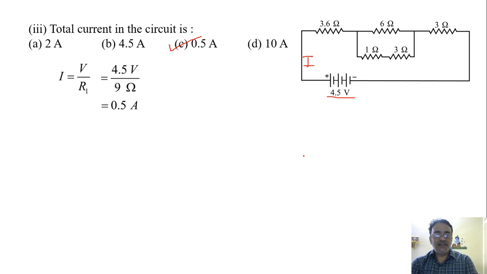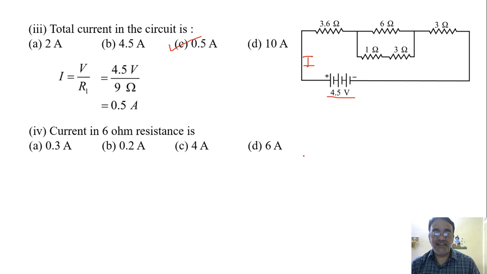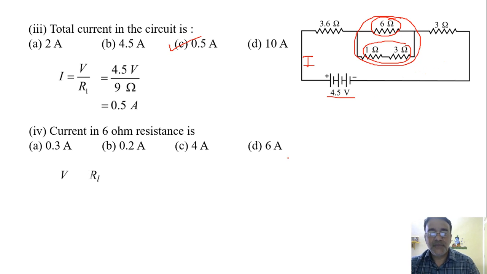Now we'll move toward the fourth question. Current in the 6 ohm resistance is dash. So how much current is flowing here? These two are connected in parallel, and these three are connected in series. In series the current is the same, in parallel the current divides. Okay, so what we have to do, we have to find the voltage across this resistance.